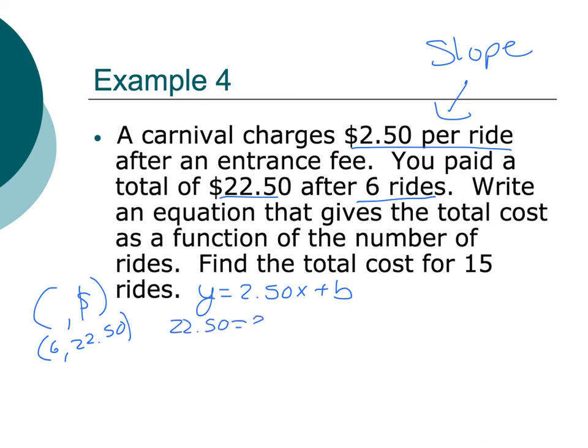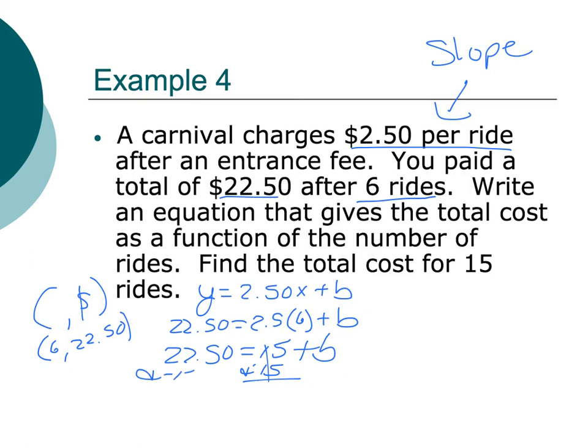So 22.50 equals 2.50 times x, which is 6, plus b. 22.50 equals 15 plus b. Add negative 15 to each side. And you find out that b is $7.50.